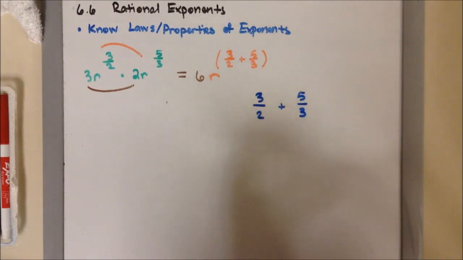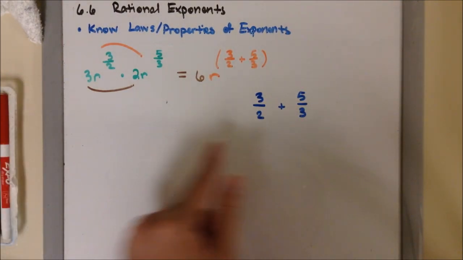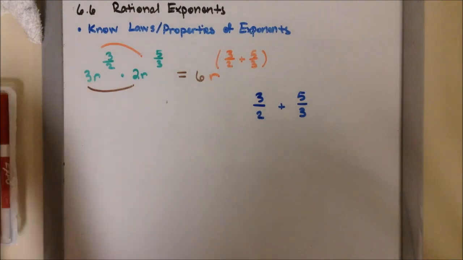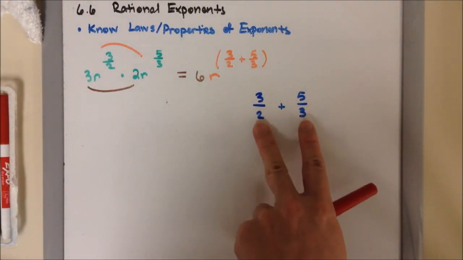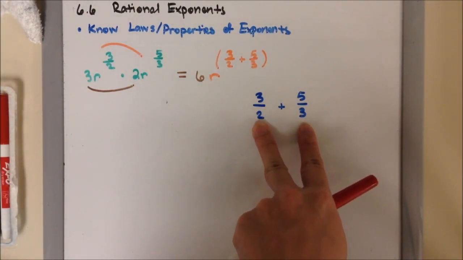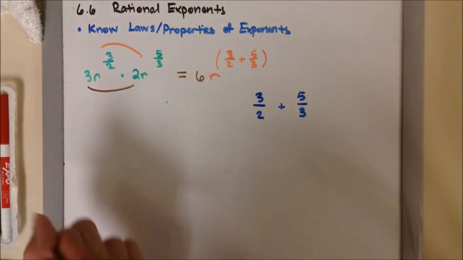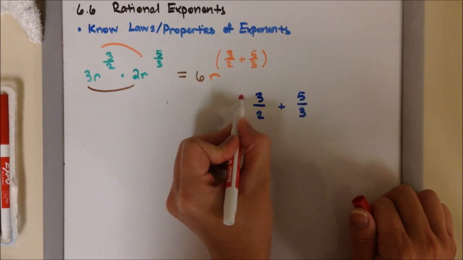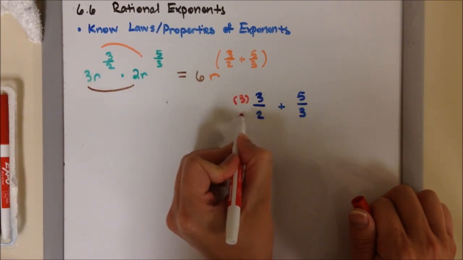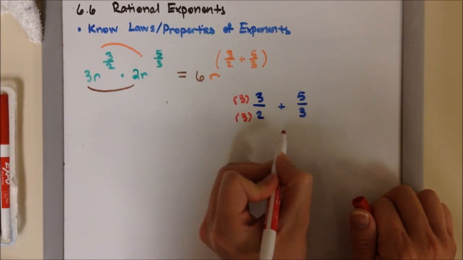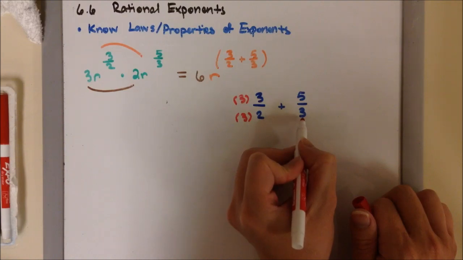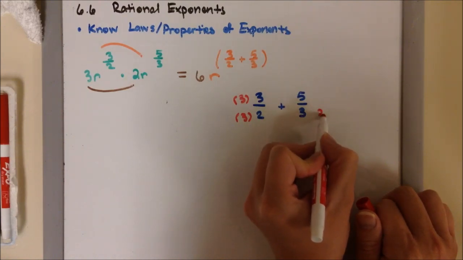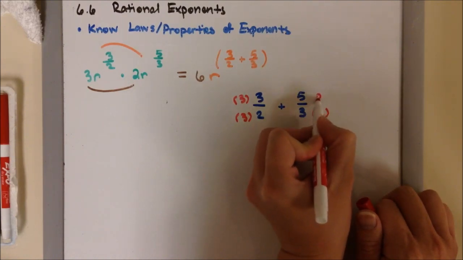Now when you're adding or subtracting fractions, they need to have a common denominator. So in order to have a common denominator, we look at what's in common between 2 and 3 in our denominators, which is 6. So to change 2 into 6, I'm going to multiply the numerator and denominator by 3. To change 3 into 6, I'm going to multiply the numerator and denominator by 2.